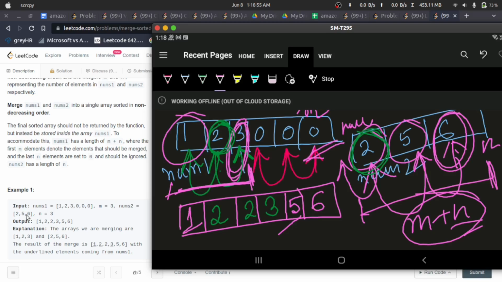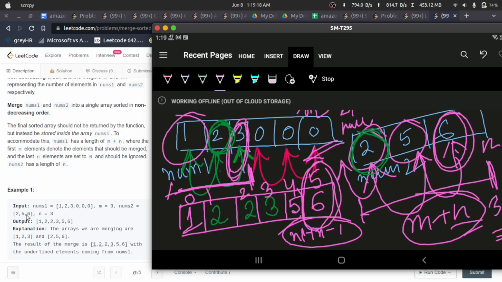The starting pointer index is m plus n minus 1. Why? Because the indices are 0 1 2 3 4 and 5, so 3 plus 3 minus 1 equals 5. That's why I am taking m plus n minus 1 as the pointer index.